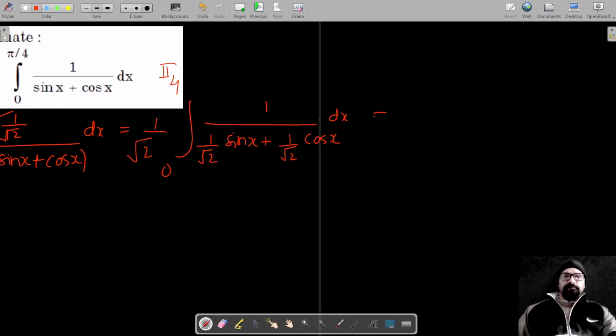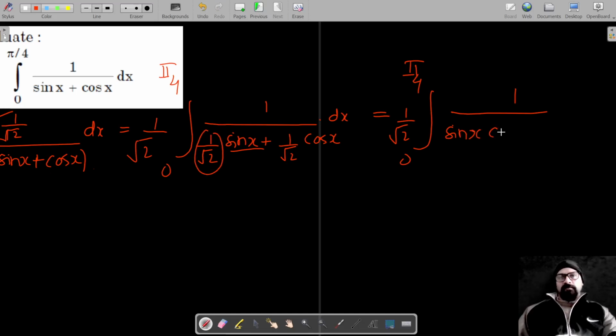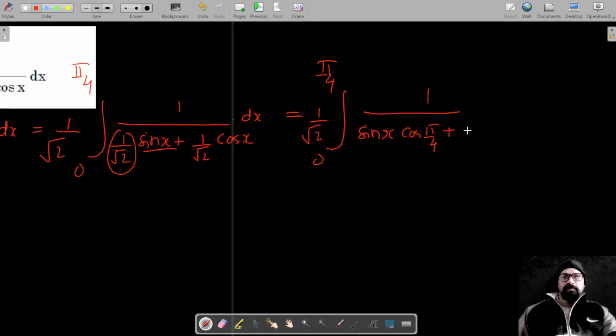Okay, this now can be written as 1 by root 2, 0 to pi by 4, 1 upon sine x, and 1 by root 2 I can write as cos 45, plus next is cos x into, I can write it as sine 45 because sine 45 is 1 by root 2.